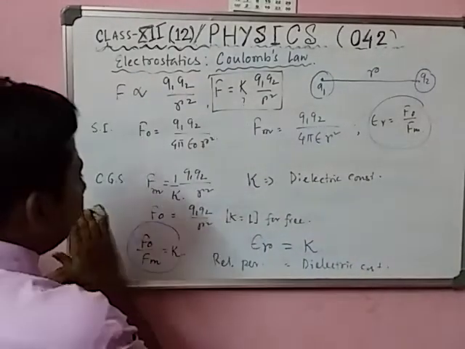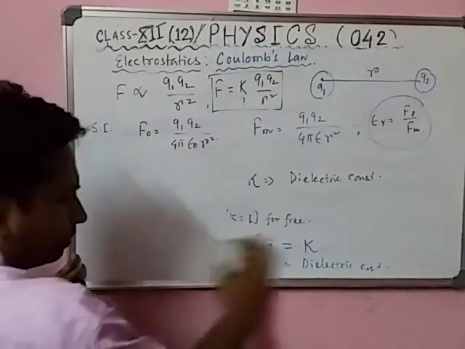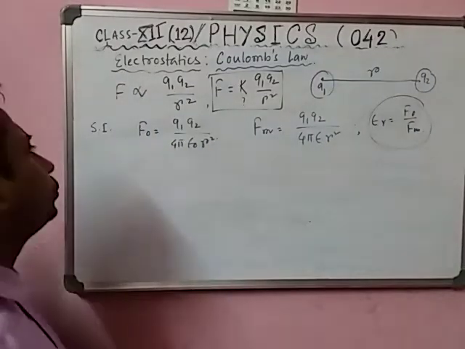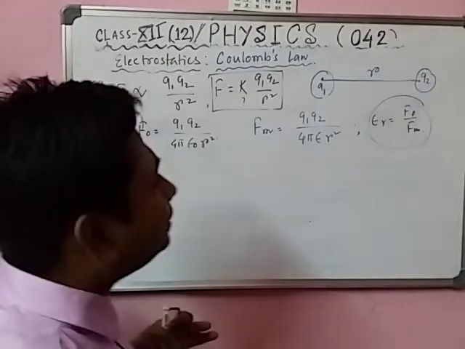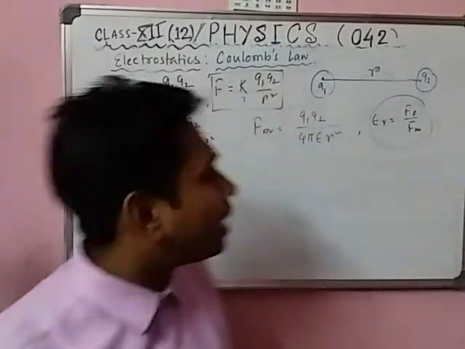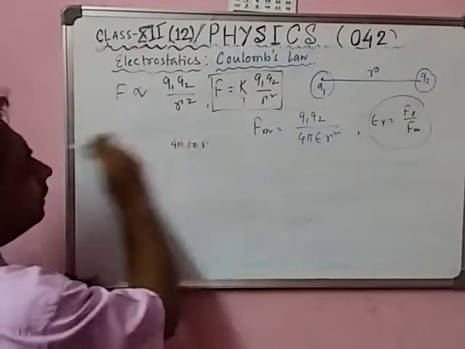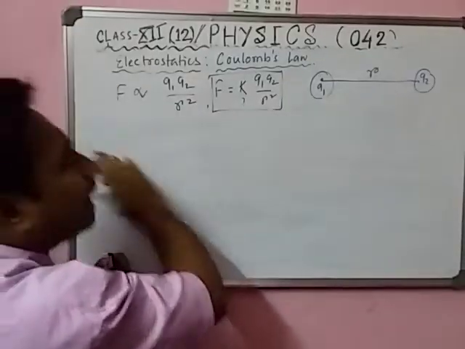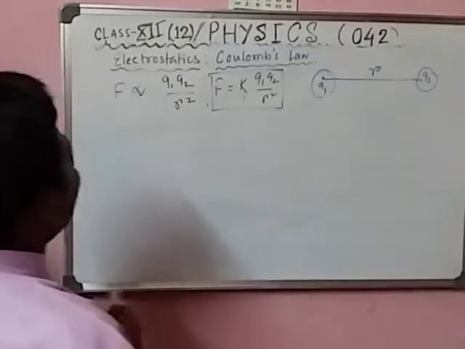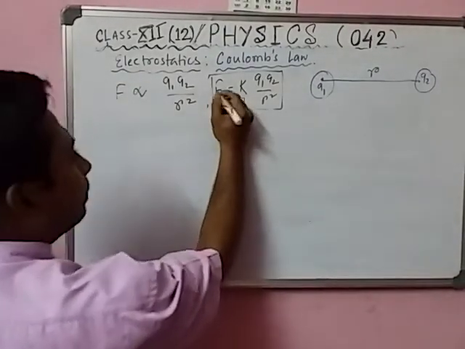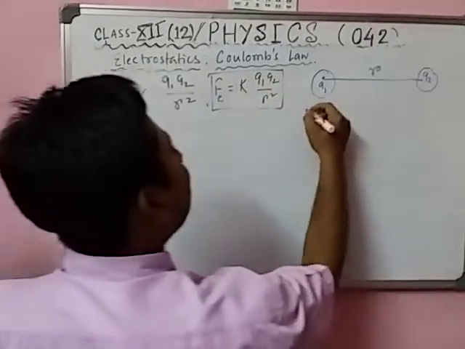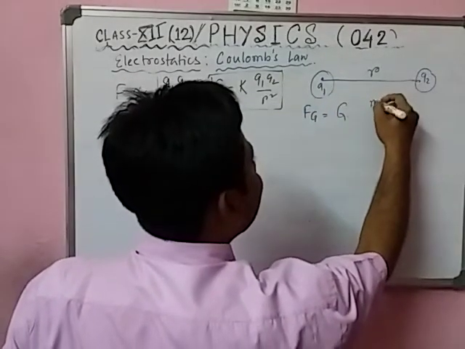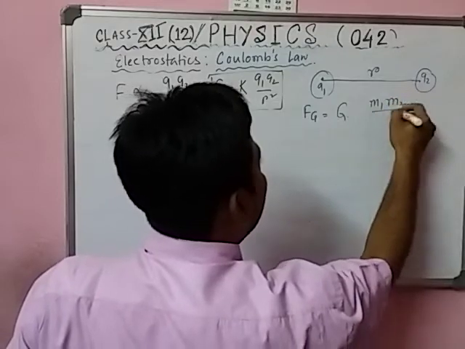Now, another very important thing, because I think you are confused about the similarities and differences. Sir, what are the differences between Coulomb's law and the gravitational law? Suppose I write Coulomb's law Fc equal to this, and the gravitational law is a similar thing, only the difference is G, and masses m1 m2 by r square.